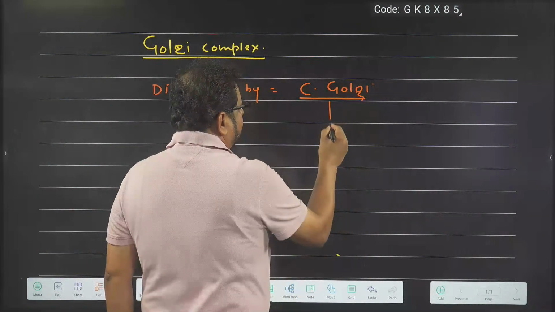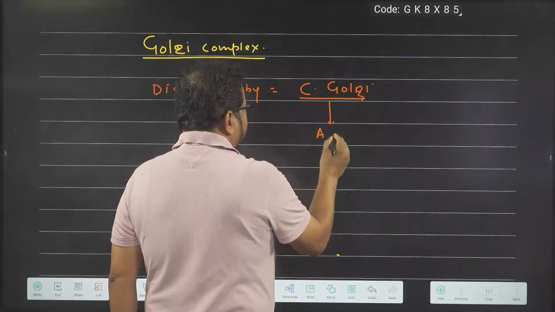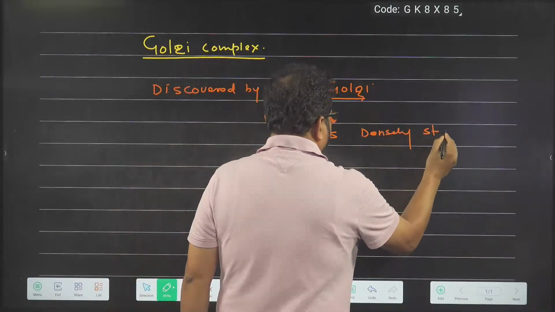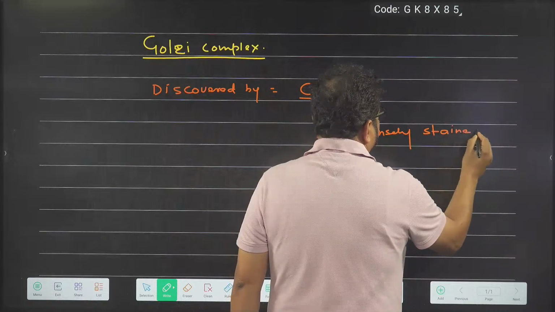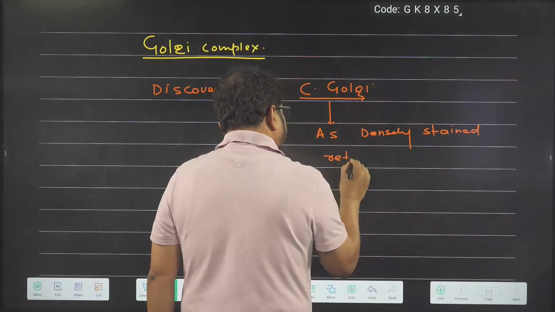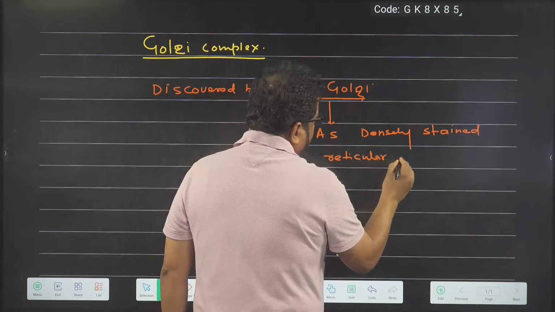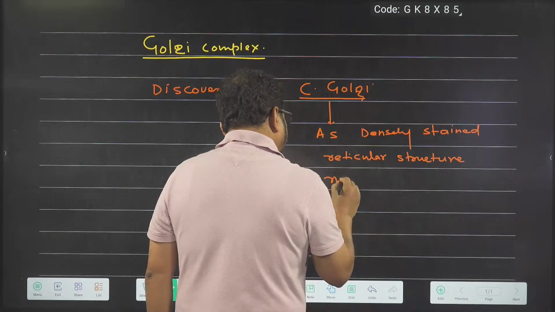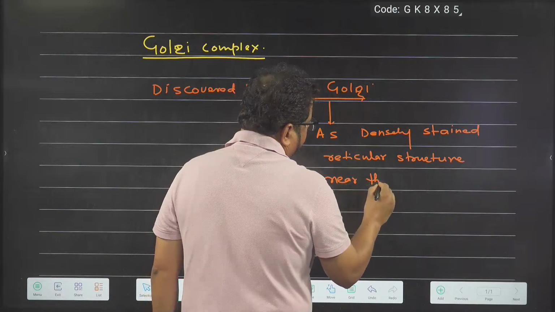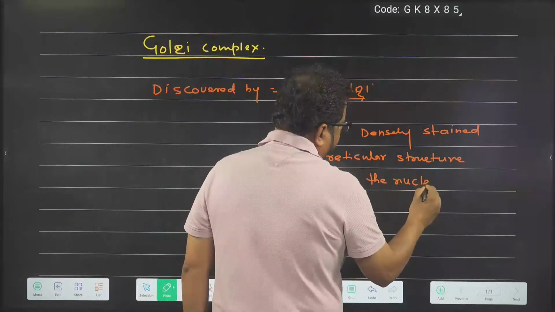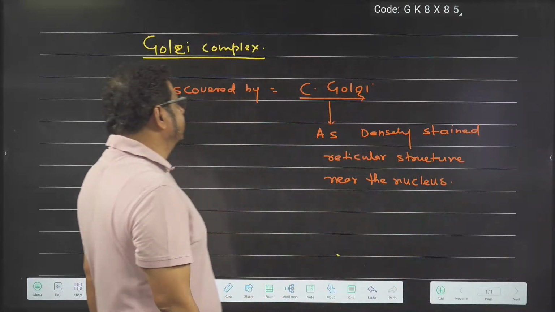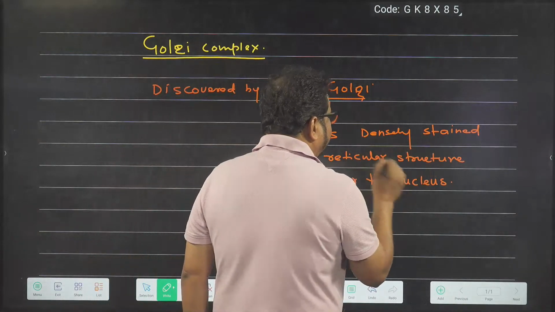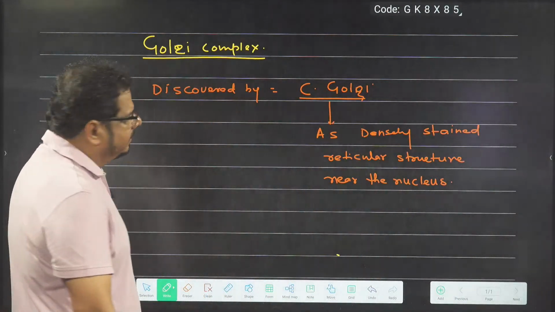What they observed was a densely stained reticular structure near the nucleus. So it was discovered by Camillo Golgi as a densely stained reticular structure near the nucleus.